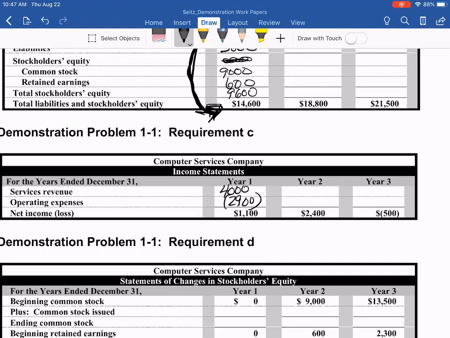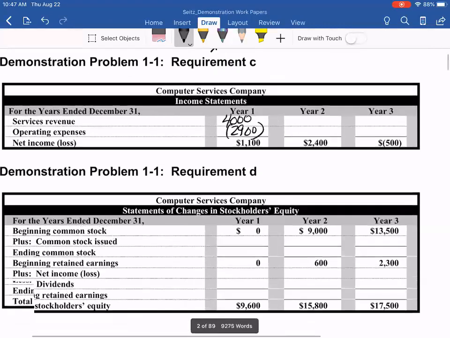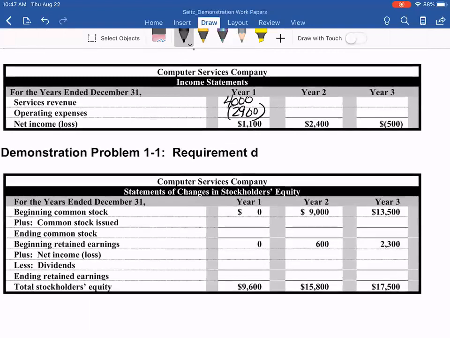So I'm going to take that information and put it down here in the beginning retained earnings, which is 0. I'm going to add my net income or loss, the 1,100, which literally just came right down here, less those dividends that I paid out of 500, and that's where my ending retained earnings number of 600 comes from.